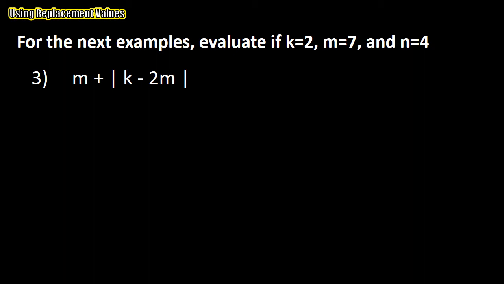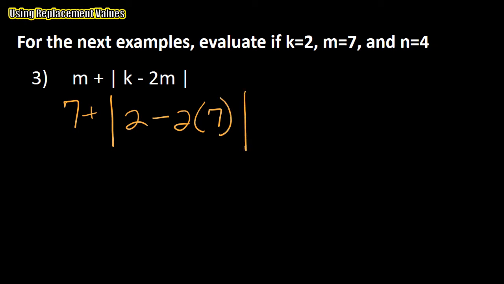So here we go. We have m plus the absolute value, with absolute value bars, of k minus 2m. Before we worry about anything, let's use our replacement values. M is 7 plus the absolute value of k, which is 2, minus 2 times 7. For the absolute value bars, we're going to do everything inside first.